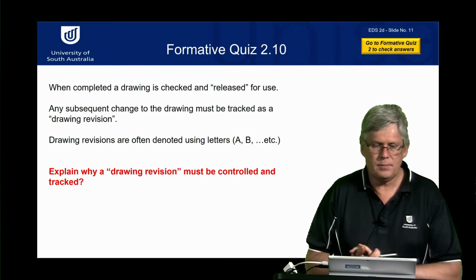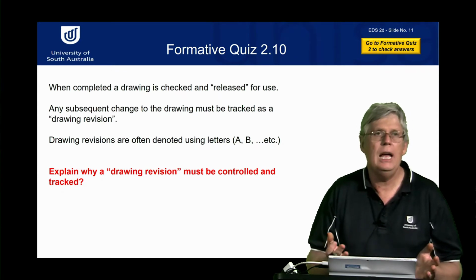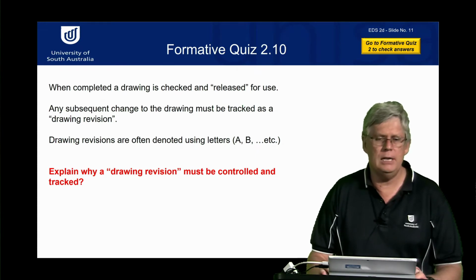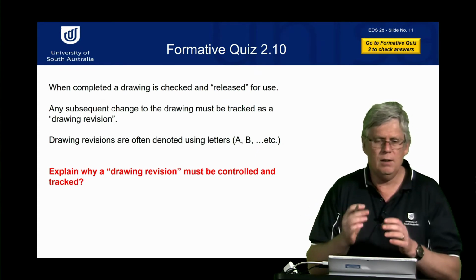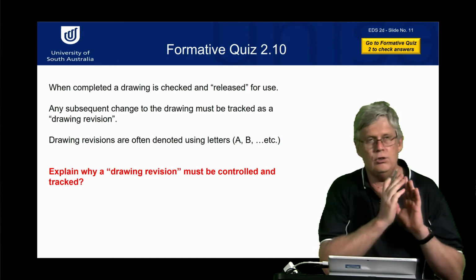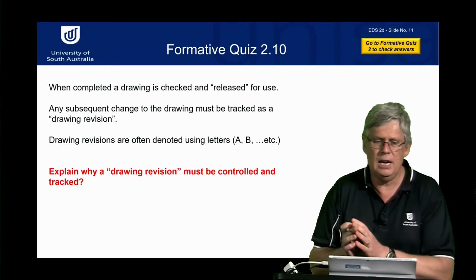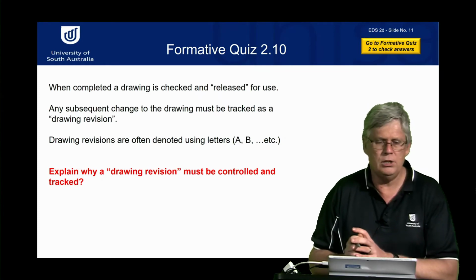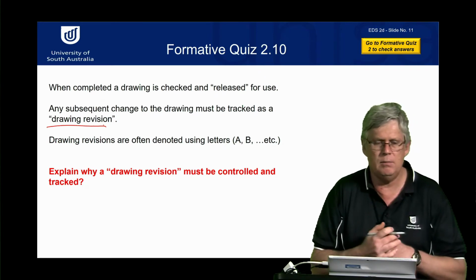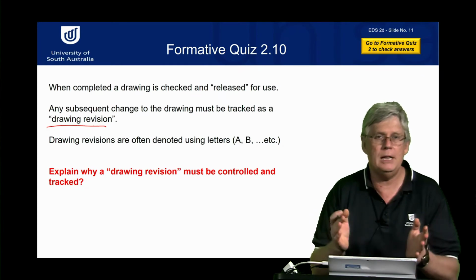The one thing is we can create drawings and we can keep modifying those drawings until we start releasing them and giving them to people. So if we give a copy or a draft to a potential contractor who's going to make it, or someone to give us feedback, we need to start putting revision numbers on there. If we've released the drawing, we want to be able to track those so that we know that we're talking about the right drawing.